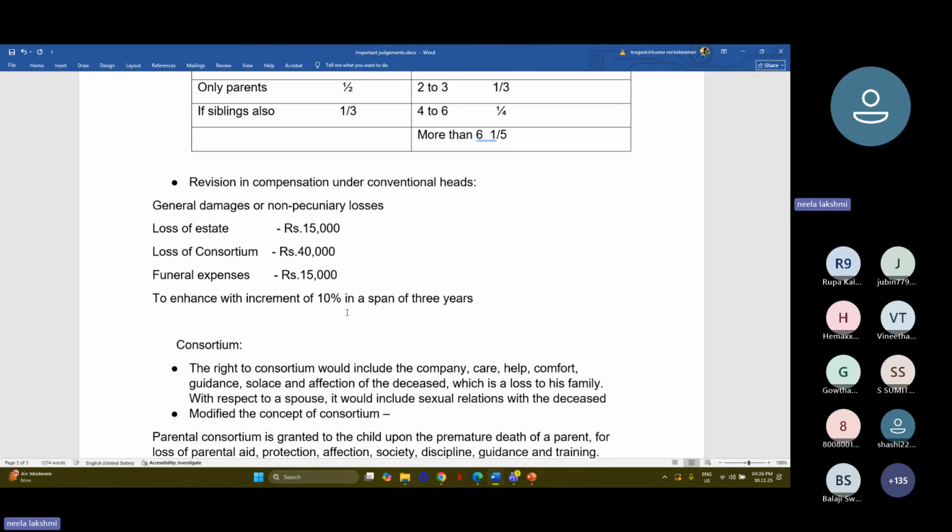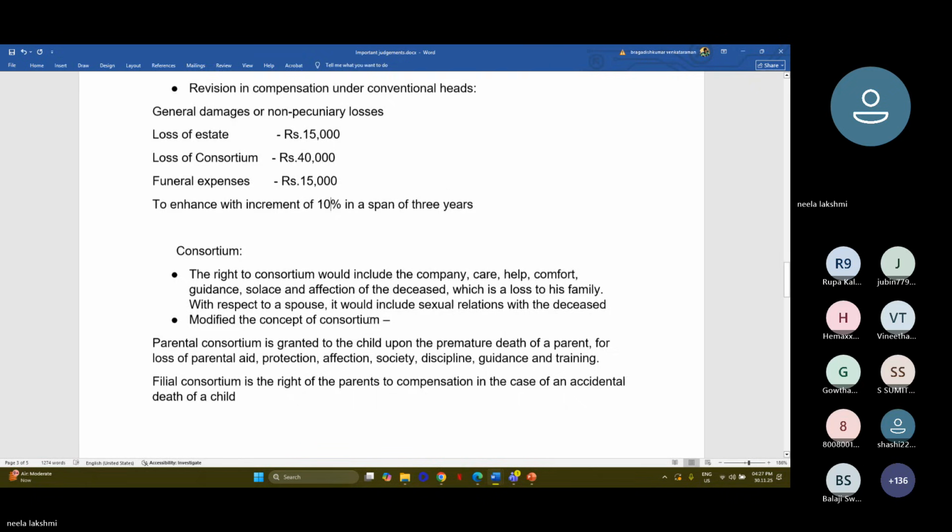Only 3 non-pecuniary losses can be allowed in death cases in addition to the loss of income. Loss of income will be based on the income of the deceased, multiplicand and multiplier. Apart from that, only these three heads will be there: loss of estate, loss of consortium and funeral expenses, with a fixed compensation. There will be an increment of 10% every 3 years.